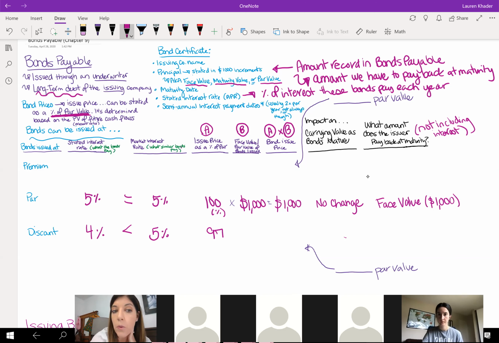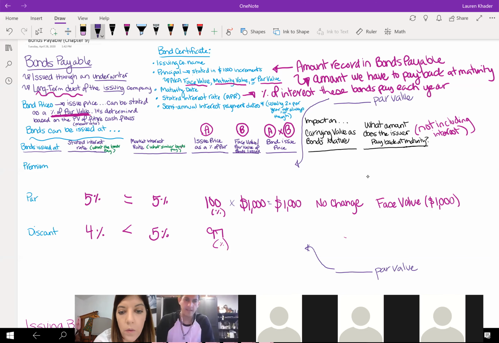And it's based on the present value of those future payments and how different these interest rates are. You don't have to worry about this. That's a finance kind of class, but it will be stated below 100, below 100%. So let's say that these bonds were issued for 97% of par value.